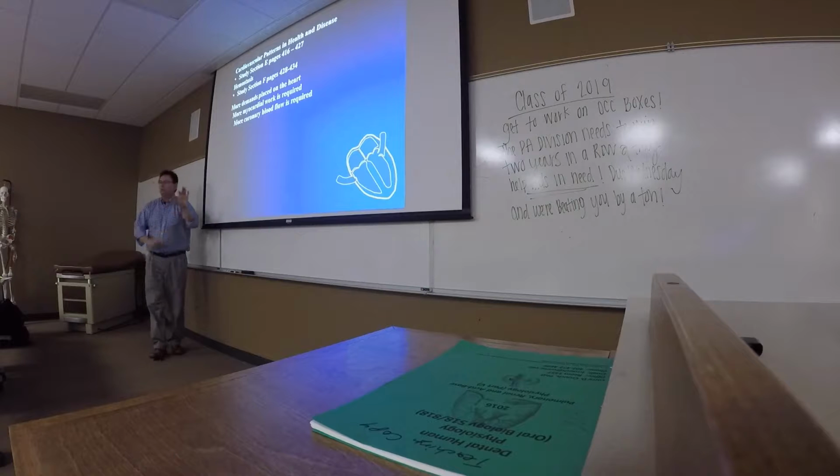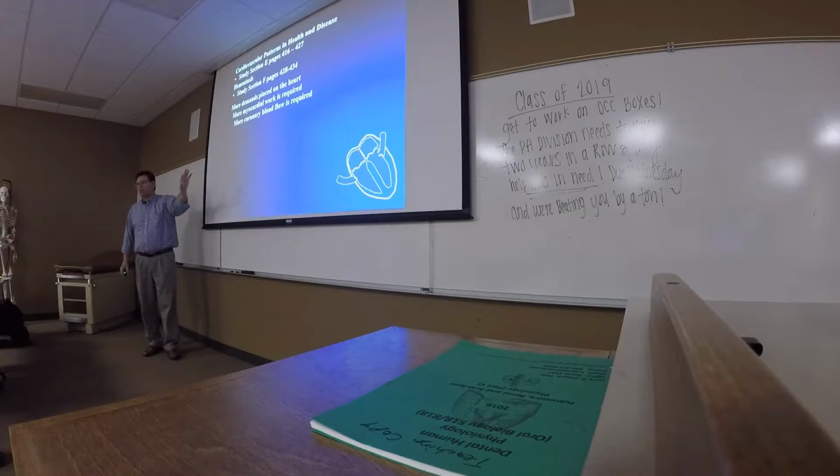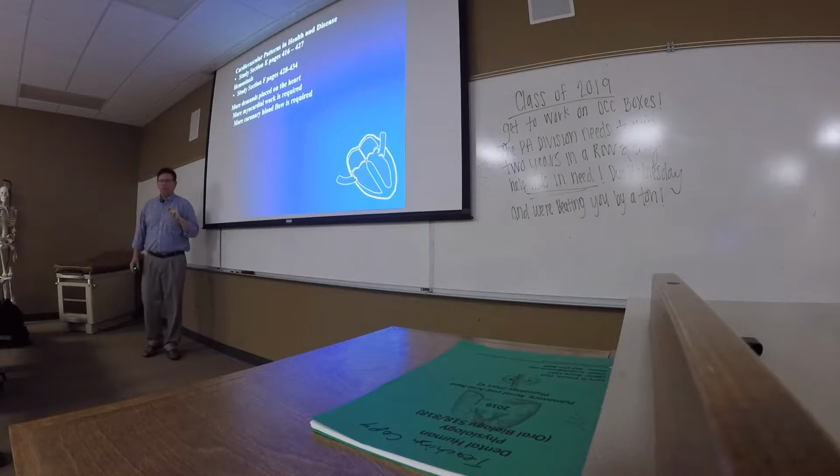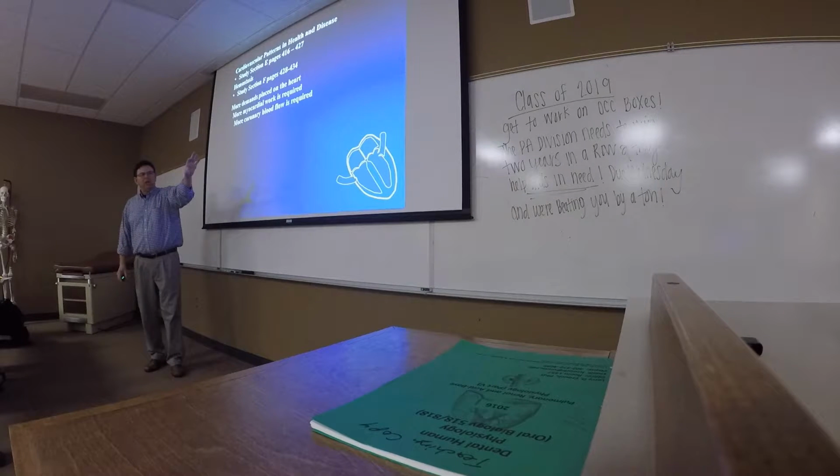Just what you want. There's a nice matching. But what happens if somebody has coronary artery disease? And your book does show it, and I wish I would have brought in a set of slides. So normally you have a vessel that's like that, but let's say it's 80% occluded.